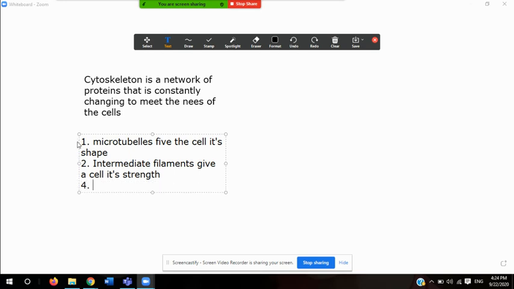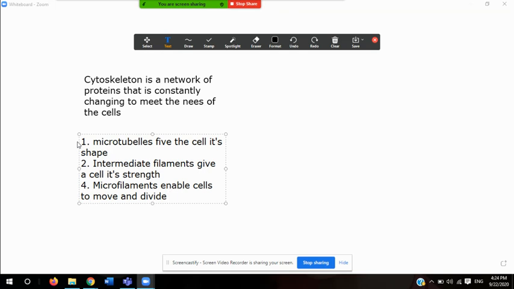Lastly, the other protein is the microfilaments. The microfilaments enable cells to move and divide.